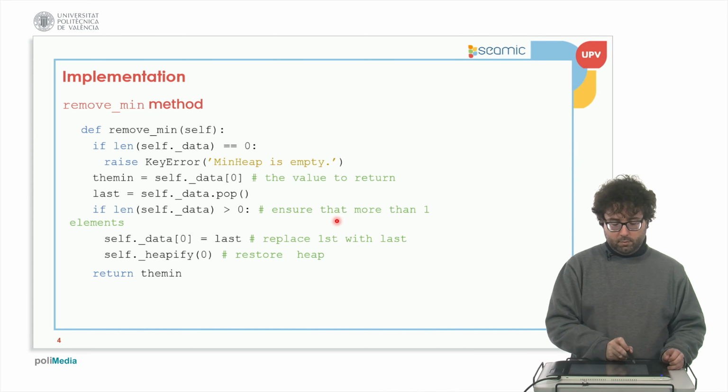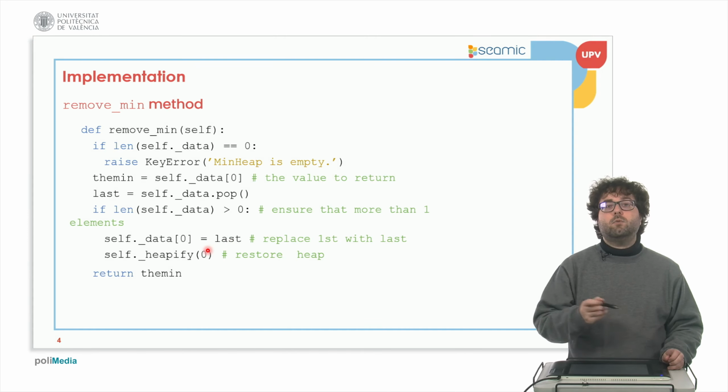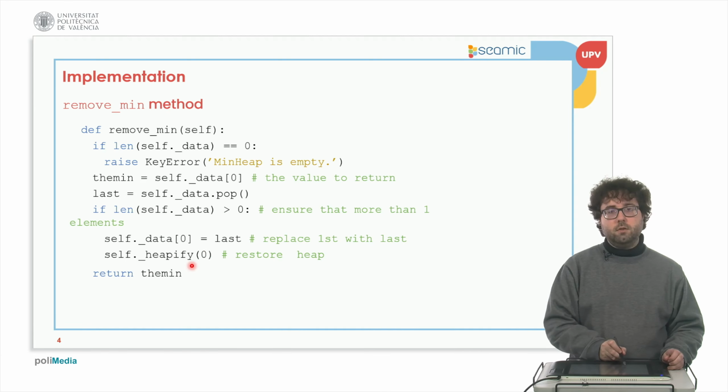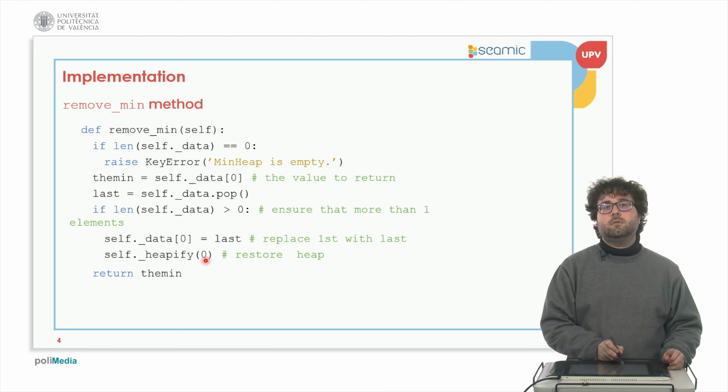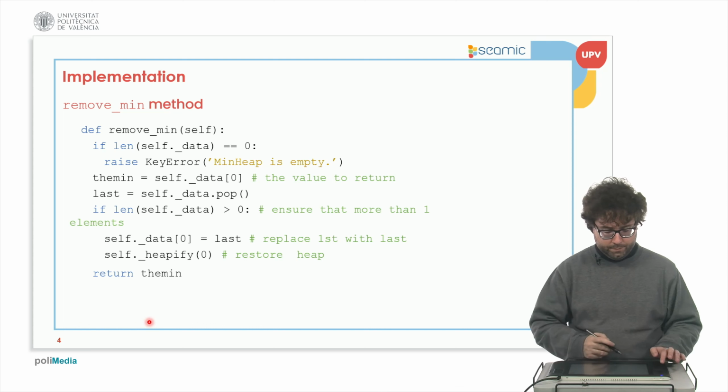If it does, then we simply put the new root as what was the last element, and we heapify from the root. We make a call to the heapify method from position 0. This will restore the heap property, and then we just need to return the value.